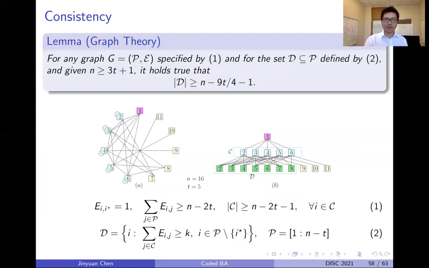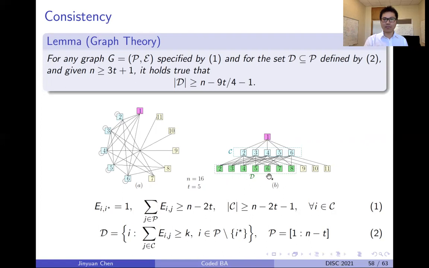In this specific type of the graph, we have a specific vertex I star equal to 1 in this case. We also have a specific set C, such that each vertex in the set C has at least n-2t edges.